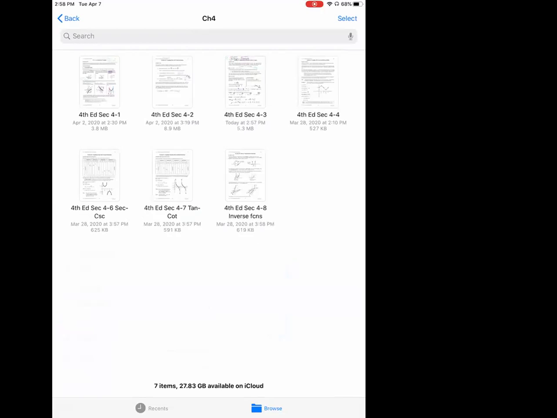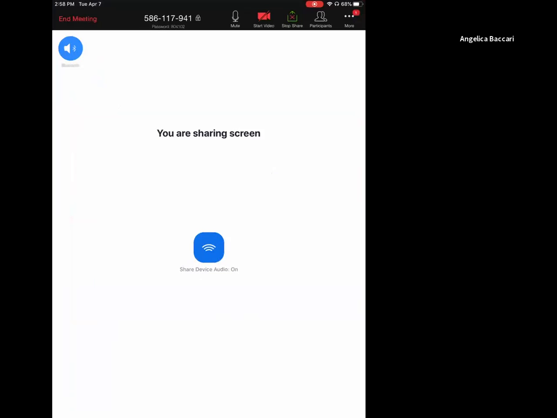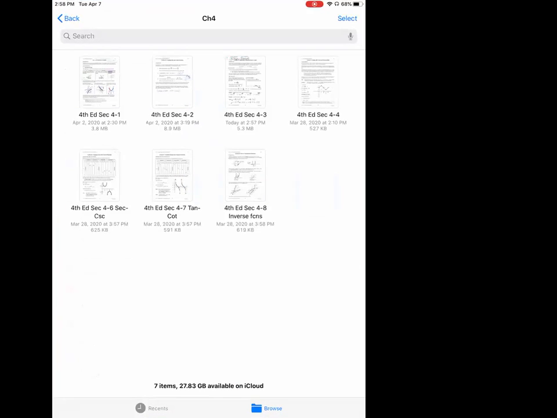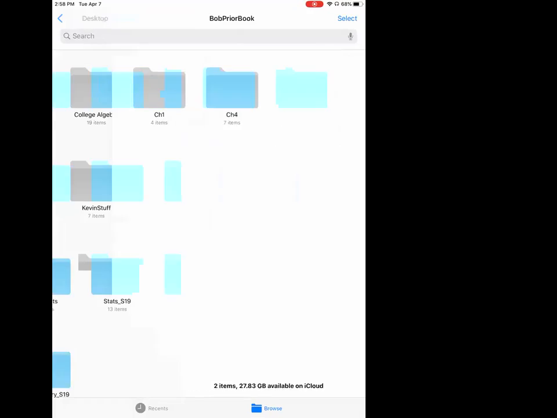As we continue, if you take a look at your home screen for Canvas, I have an updated schedule for you.